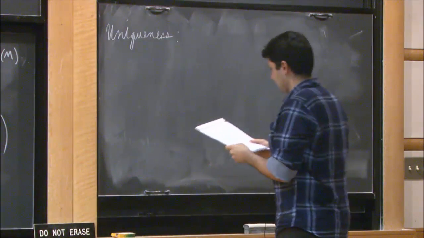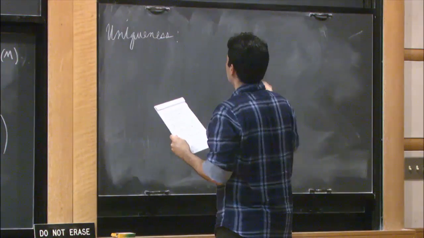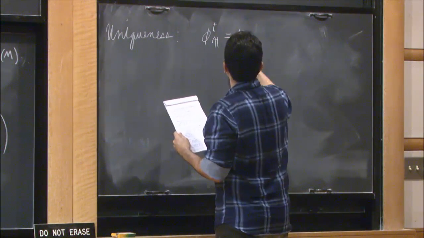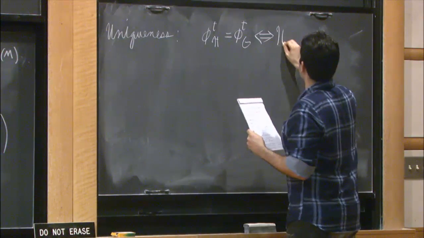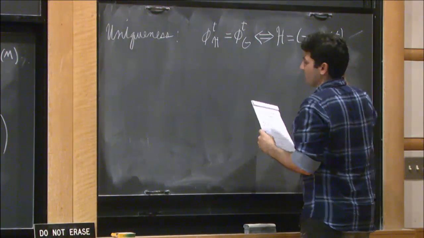The same thing is not so obvious for these continuous Hamiltonians. So the uniqueness theorem says that if you have two continuous Hamiltonian flows which coincide, then these two Hamiltonians differ by a constant.